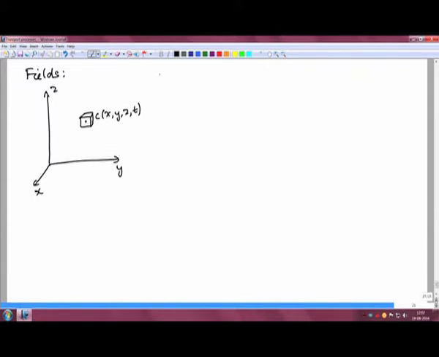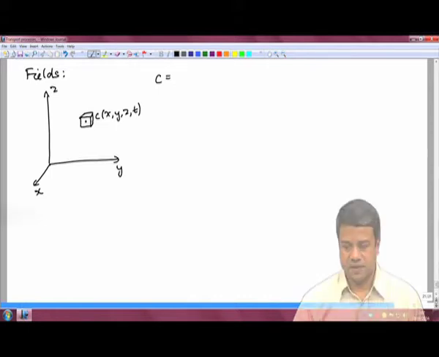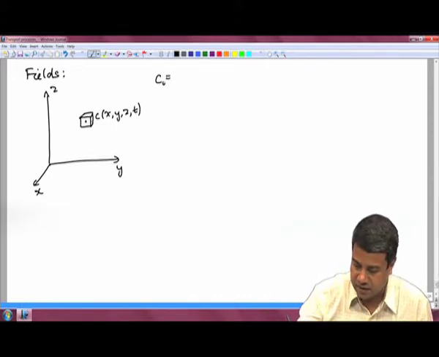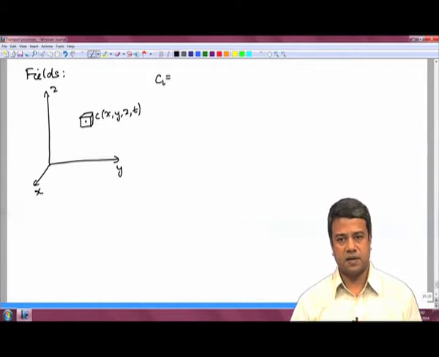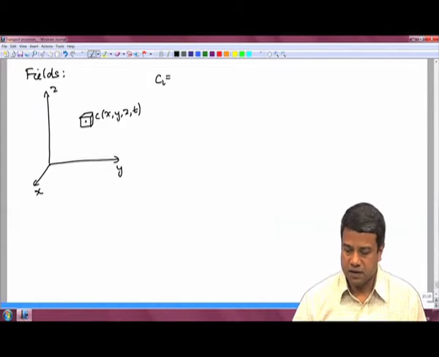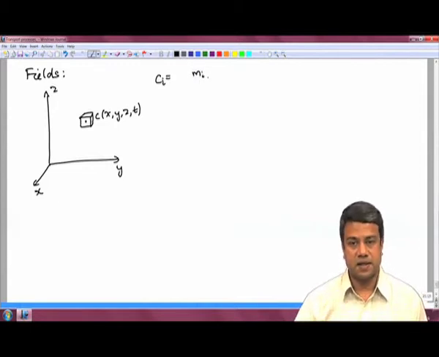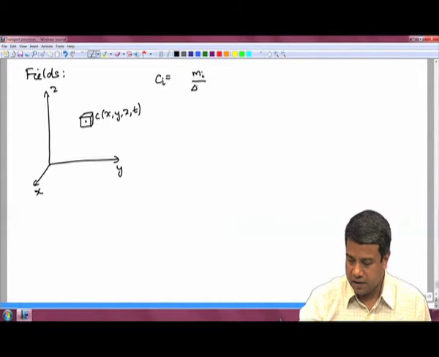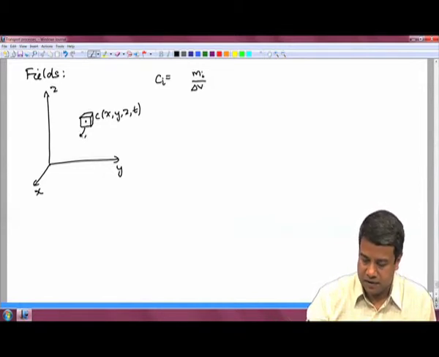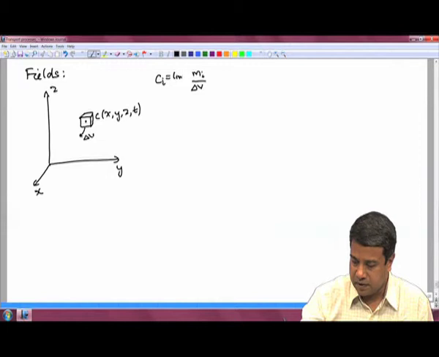The concentration is written as the total mass of that species, let us say species I. Let us say you have a multi-component system with many different types of molecules in there. The concentration of species I is equal to the total mass of species I divided by the volume, where delta V is this volume, in the limit as the volume goes to 0.